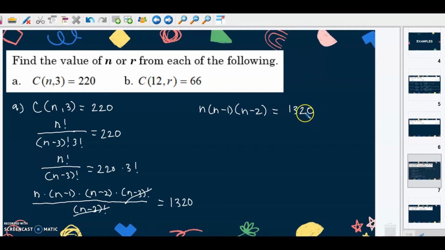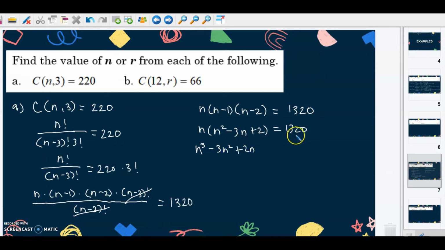1,320. Now, if we simplify this, this will give us n squared minus 3n plus 2 is equal to 1,320. We further simplify this, then we will have the cubic equation n cubed minus 3n squared plus 2n.